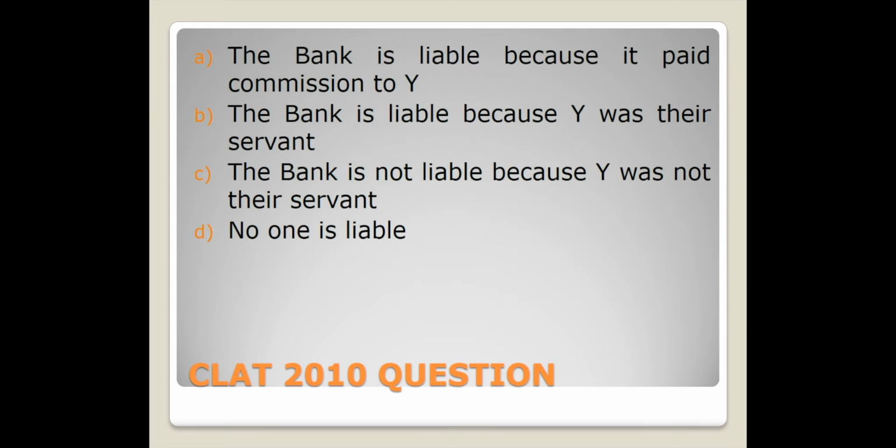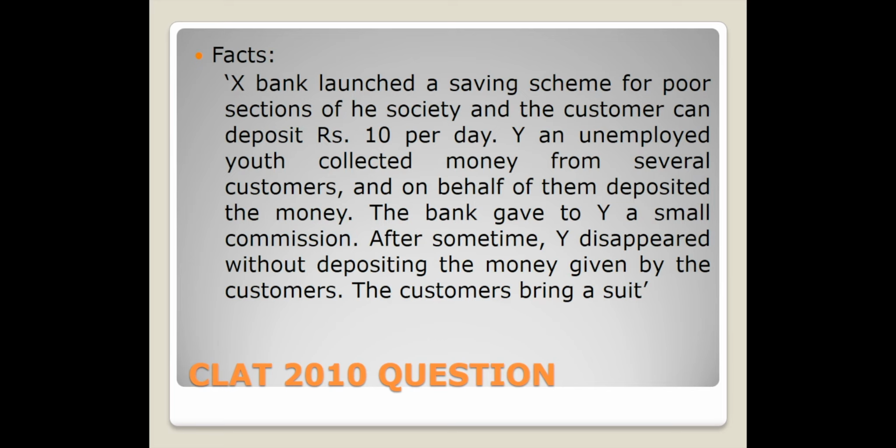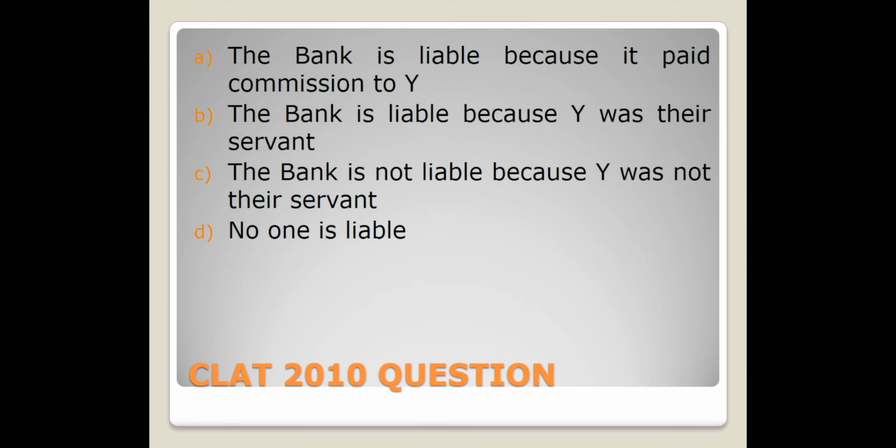Through their actions, what X bank has shown is that Y was acting on their behalf, and because they had given a commission to Y, he was basically in the position of a servant. So the answer is A. The bank is liable because it paid commission to Y.